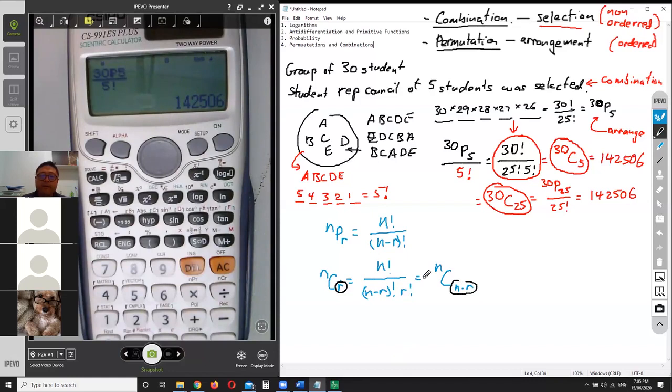If these two numbers add up to this number, then the C's are going to be equal. They're symmetrical to each other.